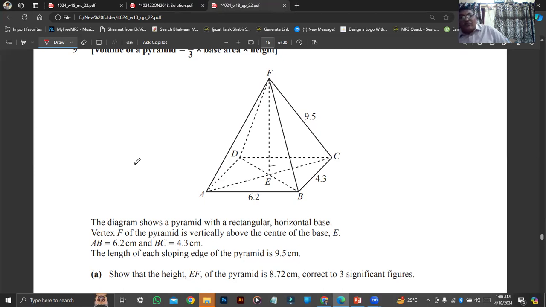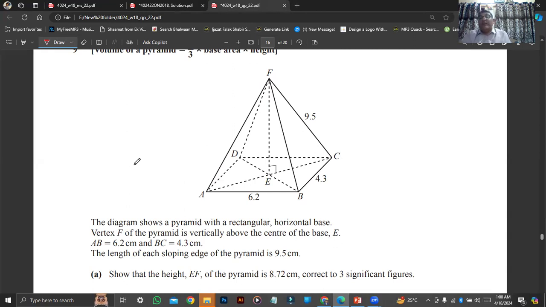Okay, so I want to find out this vertical height, which is in the middle, EF. You know the base is a rectangle ABCD. So first of all I will find the AC. I will apply the Pythagoras on the ABC triangle, so I will find the length of AC. Then I will divide that AC by 2, and I will get the length of AE.